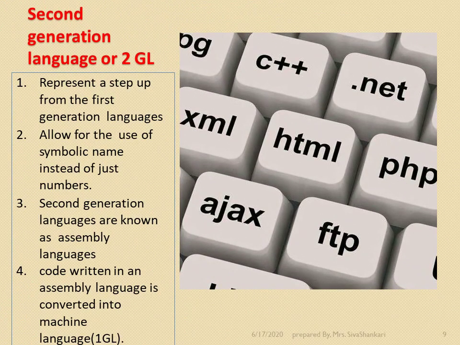That is, we can make use of some words or symbolic representation. This language is also called assembly language. And this assembly language is again converted into machine language so that the machine can understand easily.